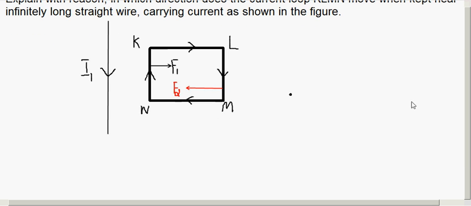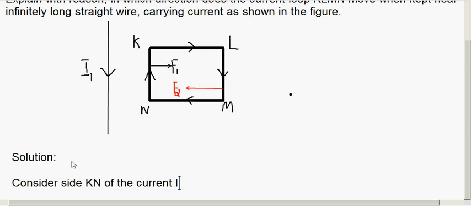Now we'll write down these things. Consider side KN of the current loop.